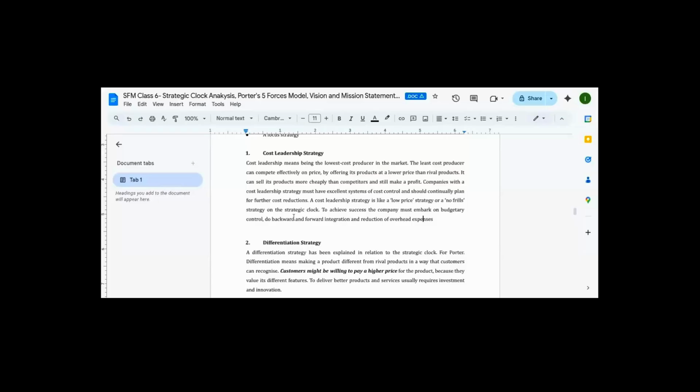So with this that we have here, backward integration. Backward integration means that inwardly, within the company, we should look at the likely areas where we can reduce costs. It can be in the areas of sourcing for raw materials.